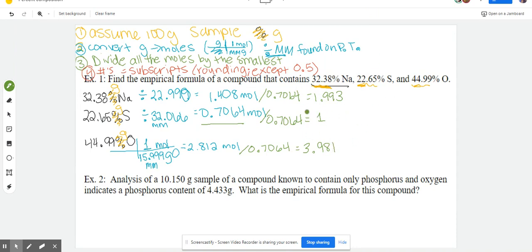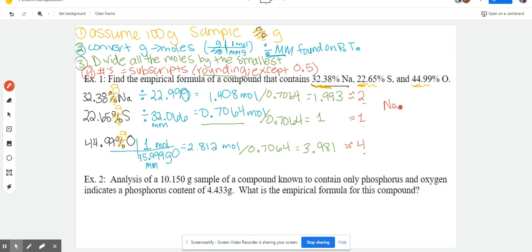Okay, so looking at these values, our next step is we need to round them to a whole number, right? Those are going to be our actual subscripts. So we'll round these all. This is approximately 2, it's really close to 2. This one is 1, and this is approximately 4. Now we're going to take those whole numbers and put them as our subscripts. The whole reason that I added this rounding part is because you haven't seen anything so far this year with decimals, right?